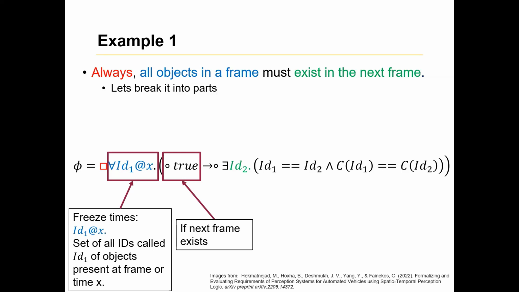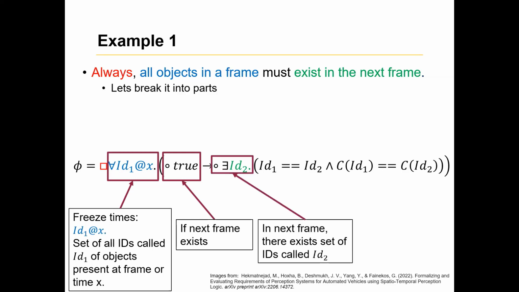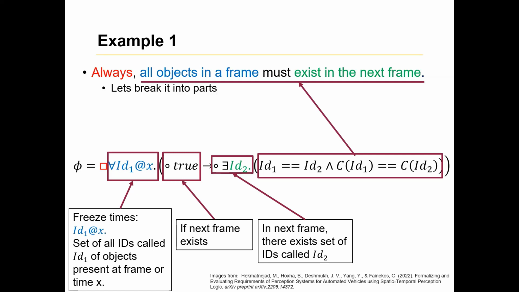So if the next frame exists, then there exists an ID2 in the next frame. And you say that in the next frame, the ID2 is basically corresponding to ID1, and then the class of ID2 is equal to the class of ID1. So basically, you have made sure that if there's something in the previous frame at x, it's there in the next frame as well.